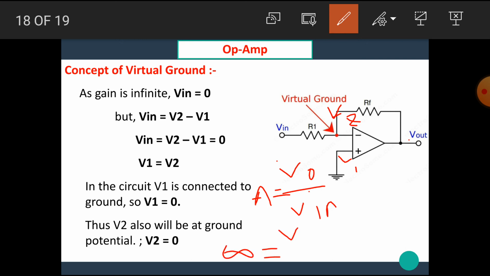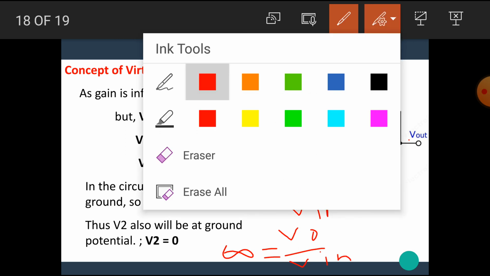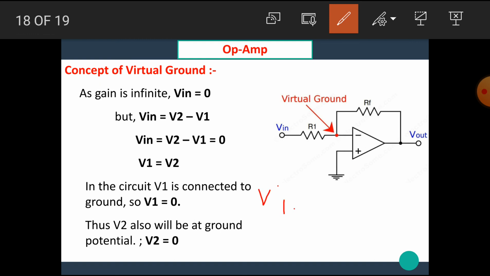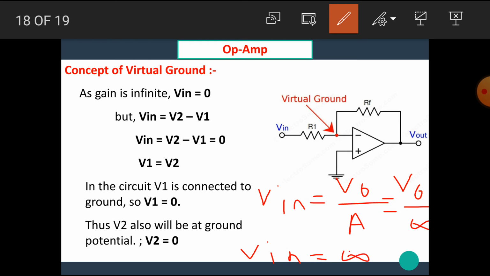If we rearrange this term, then we get V in is equal to V0 upon gain A, but the gain has the value infinity, that means V0 upon infinity, we get the value of V in equal to 0.